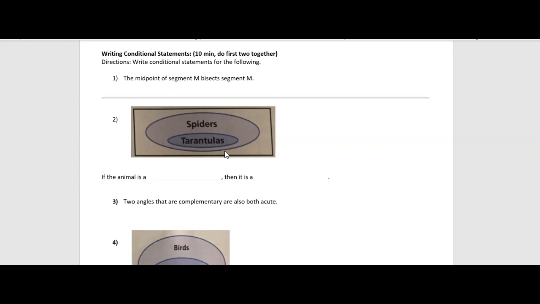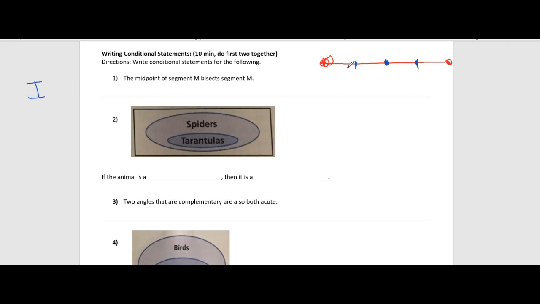So number 1 says the midpoint of segment M bisects segment M. And we've talked about this in a previous unit, but if we have a midpoint, right, if here's my segment and I have a midpoint, well, bisecting would mean that both individual segments are congruent to each other. So to turn this into a conditional, we're going to add an if-then.